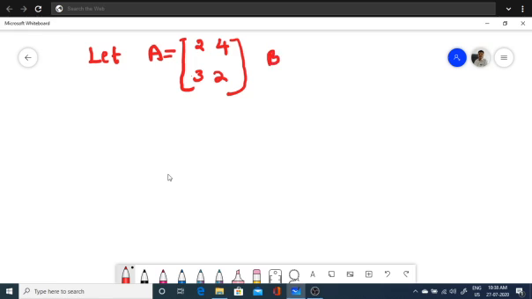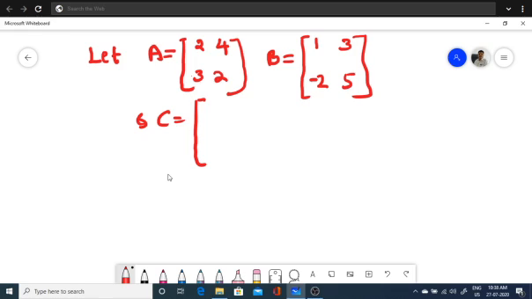B is a matrix 1 3 minus 2 5, and C is a matrix minus 2 5 3 4.